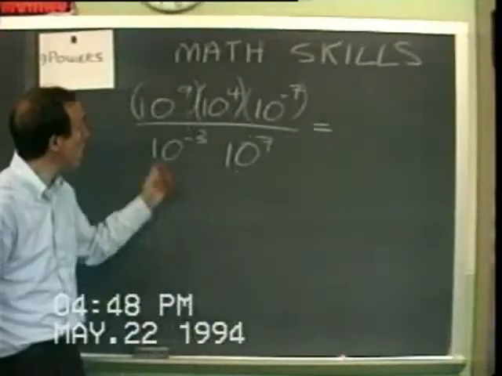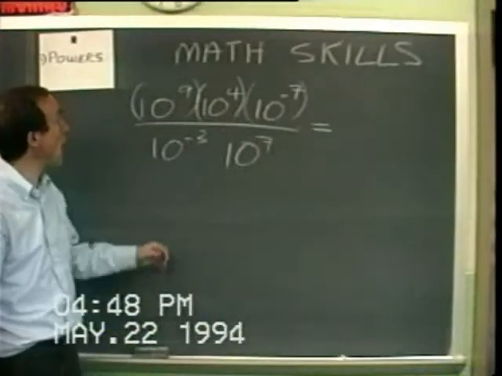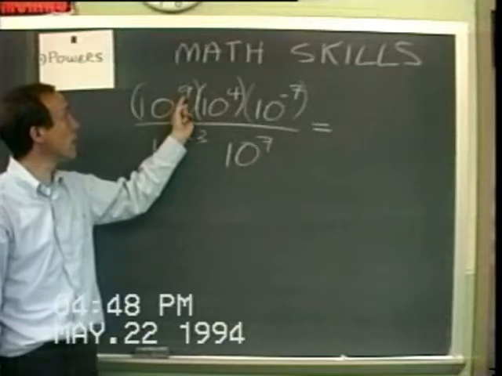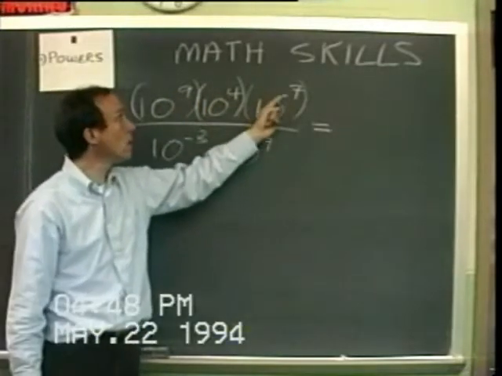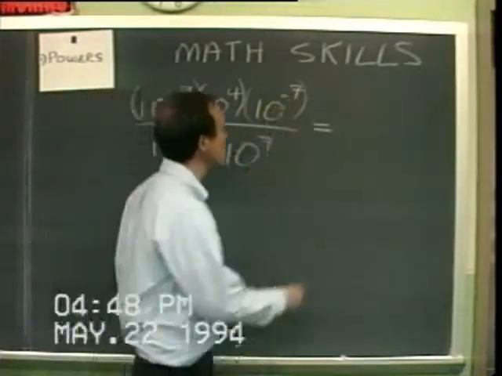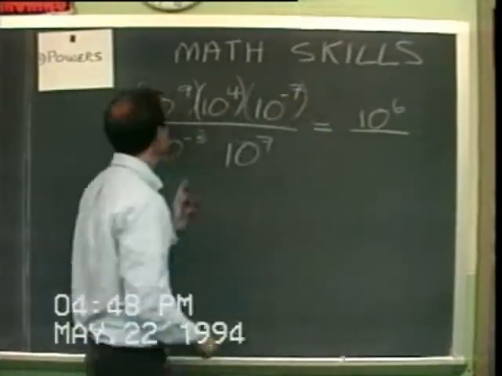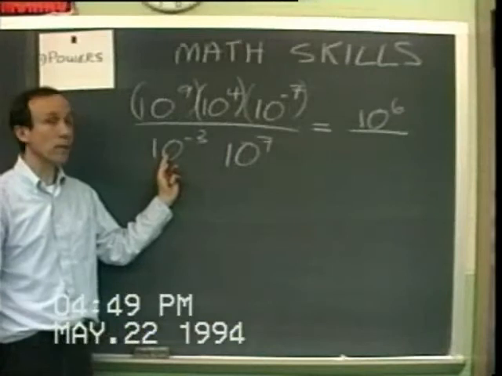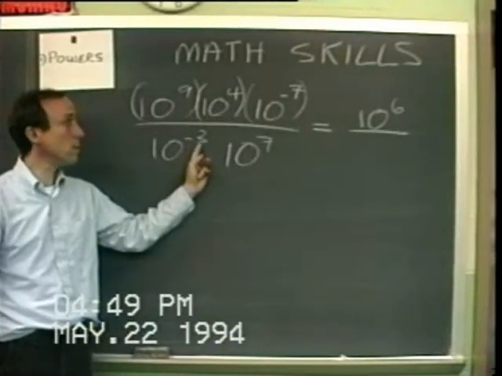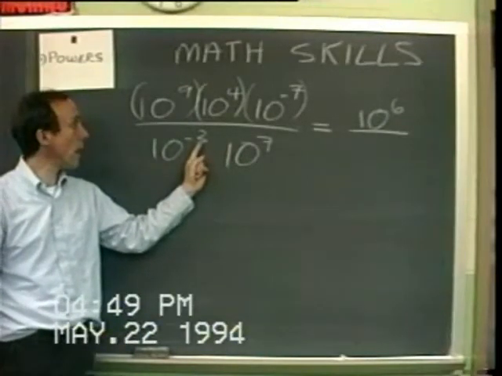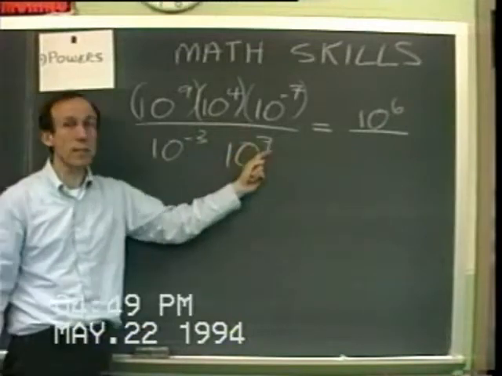In multiplying powers of 10, you just add the exponents. So here we get 9 plus 4 is 13, plus a minus 7 will give us 6. So we got 10 to the 6th divided by, here, the product of 2 powers of 10 again. We just add the exponents: minus 3 plus 7 is 4.